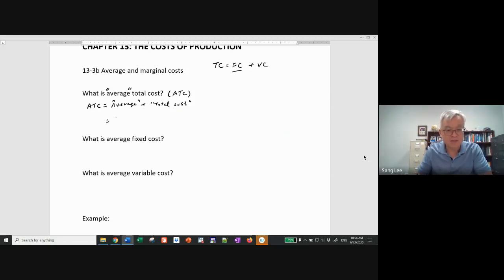So simply total cost divided by quantity.